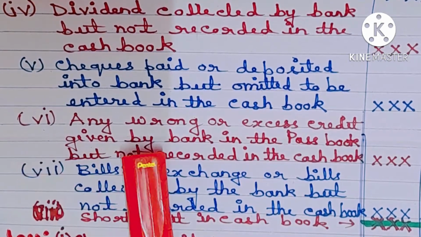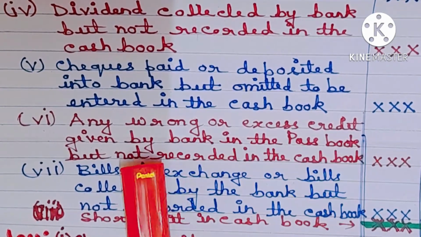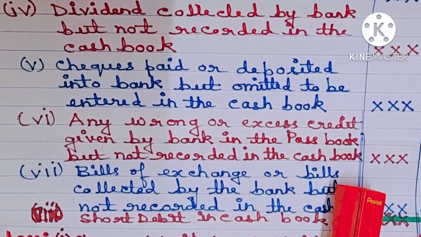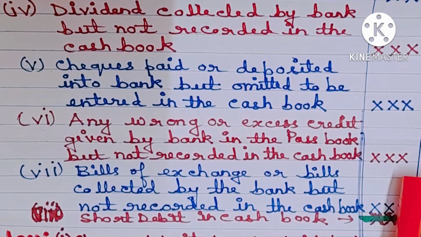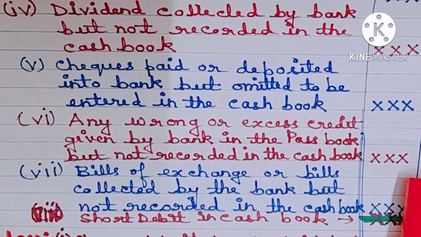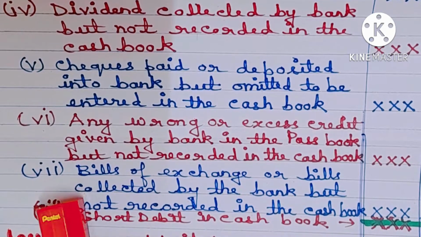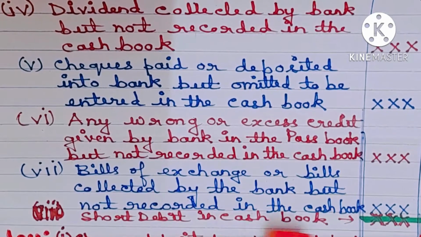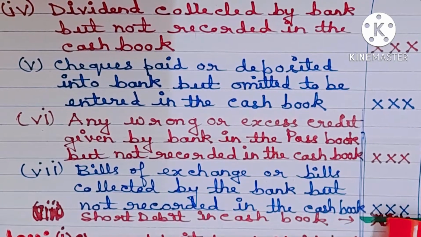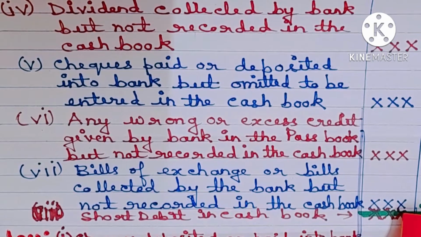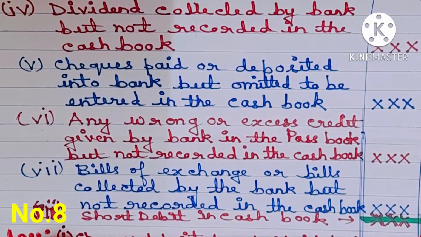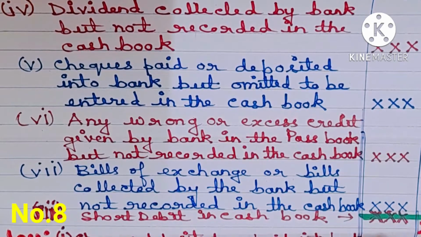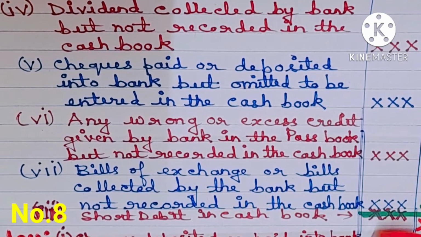Add any wrong or excess credit given by bank in the passbook but not recorded in the cash book. Number 7. Add bills of exchange collected by the bank but not recorded in the cash book. Number 9. Add short debit in cash book. All amounts are written in the inner column.